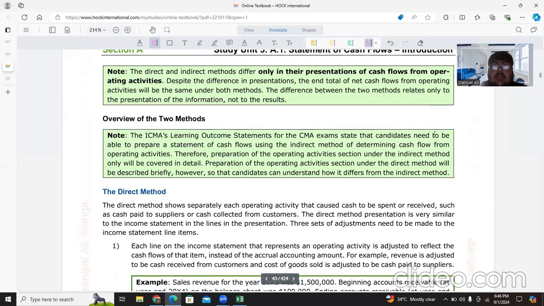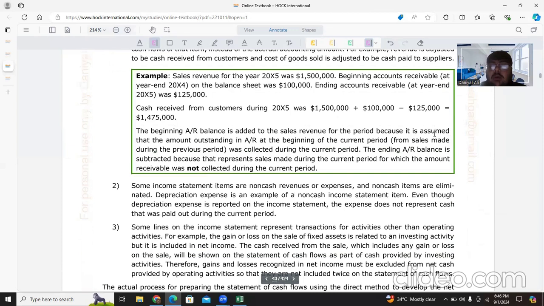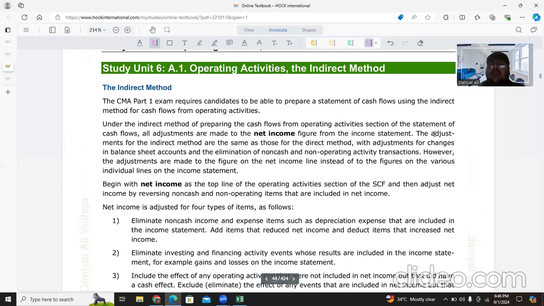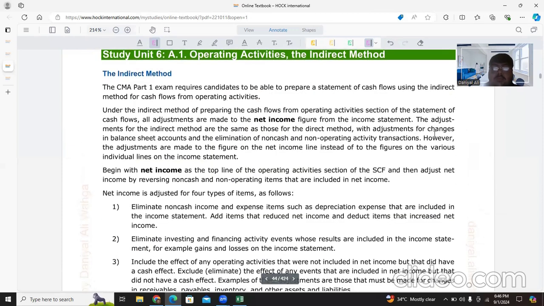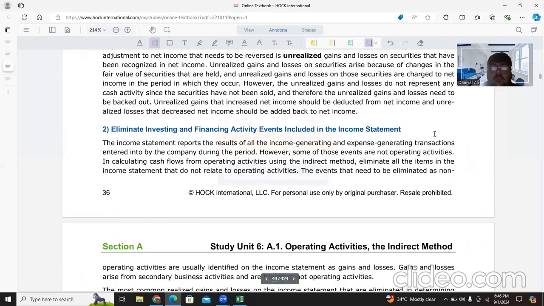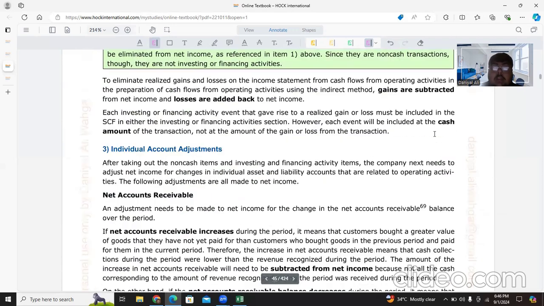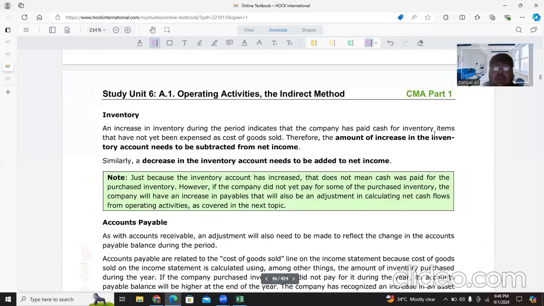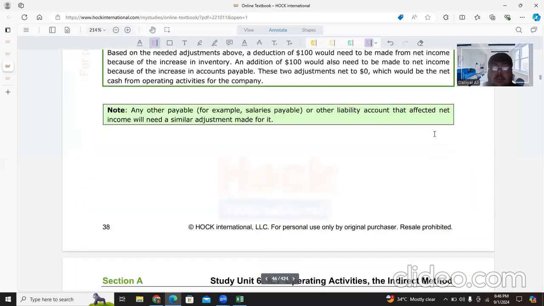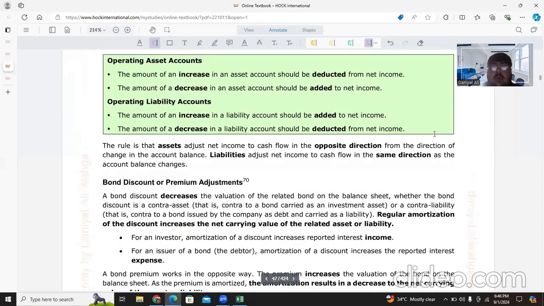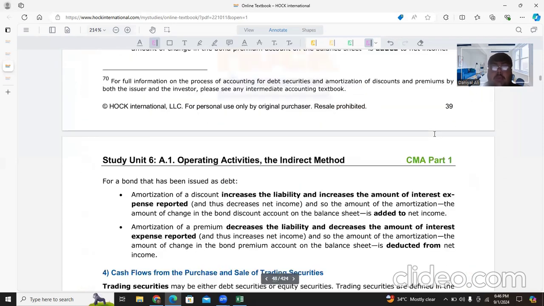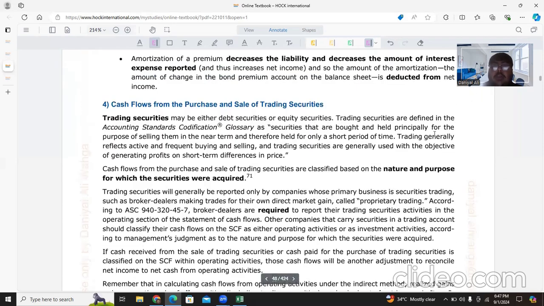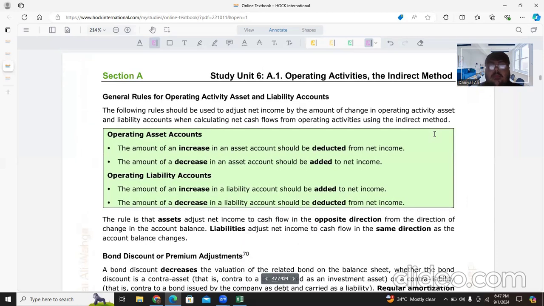There are some further things we need to understand, and that will be explained. So there are individual account adjustments, some of the cash flows, accounts payable, inventory, some rules for increase and decrease of working capital portion, which we're going to see later.